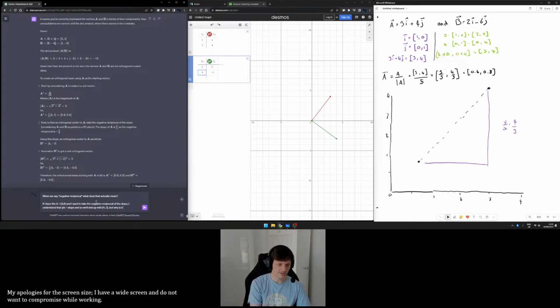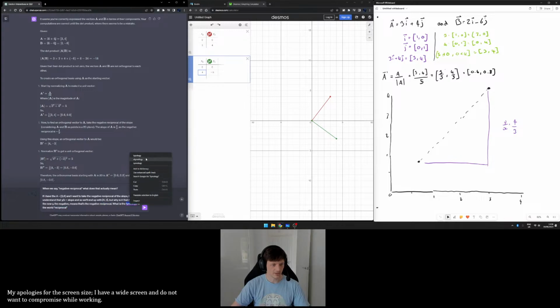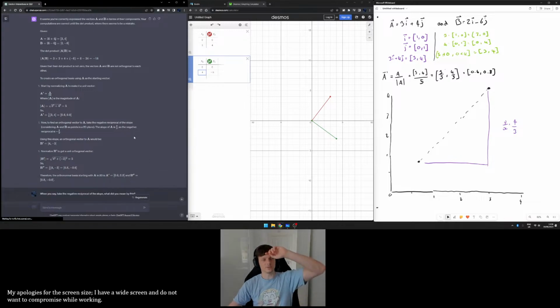But why is it that making the new y negative means that's the negative reciprocal? I wonder, what is the etymology of the word reciprocal? Here we go. Let's put reciprocal etymology. Cool, okay, we're getting somewhere.